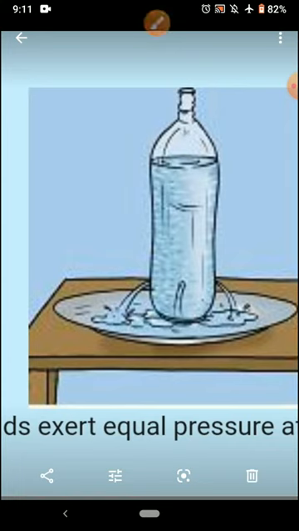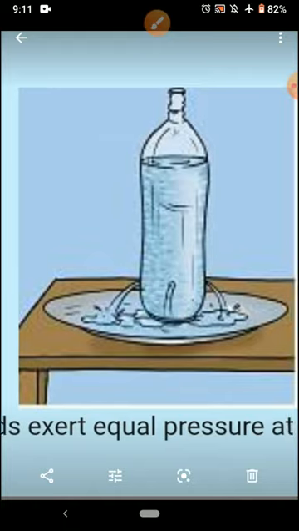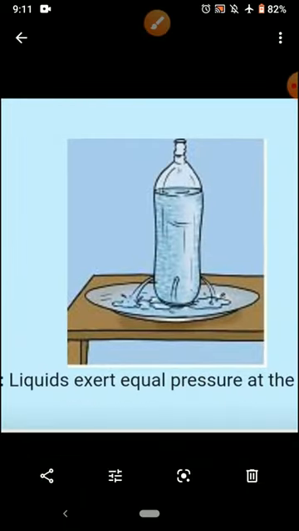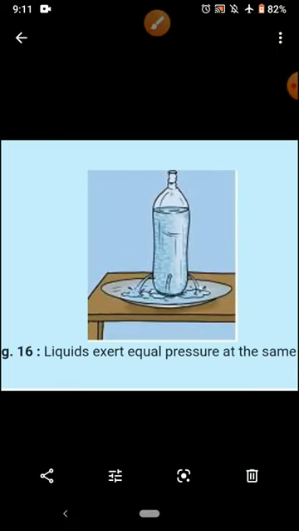Now observe: fill the bottle with water. Does the water come out of the holes at the same distance from the bottle? What does it indicate? It indicates that there is a pressure, and the pressure is almost the same.